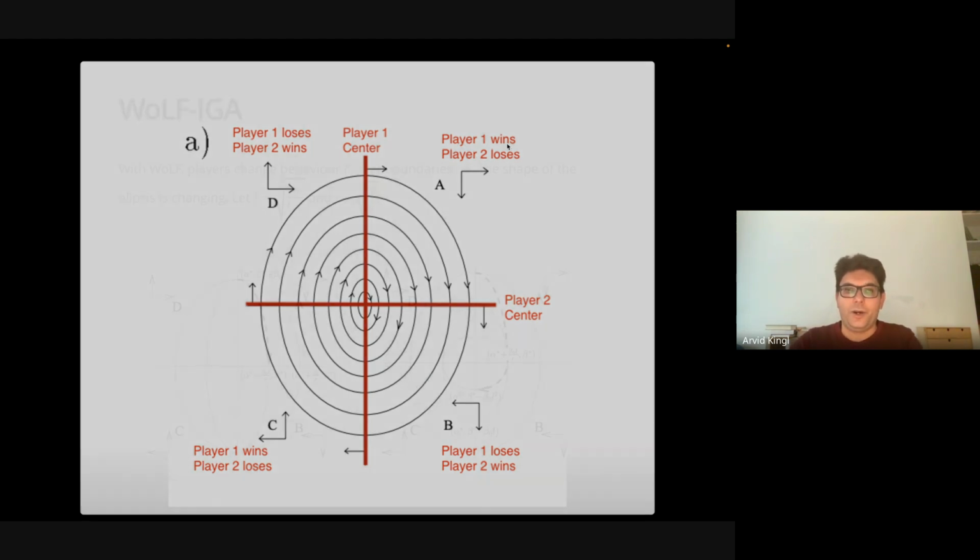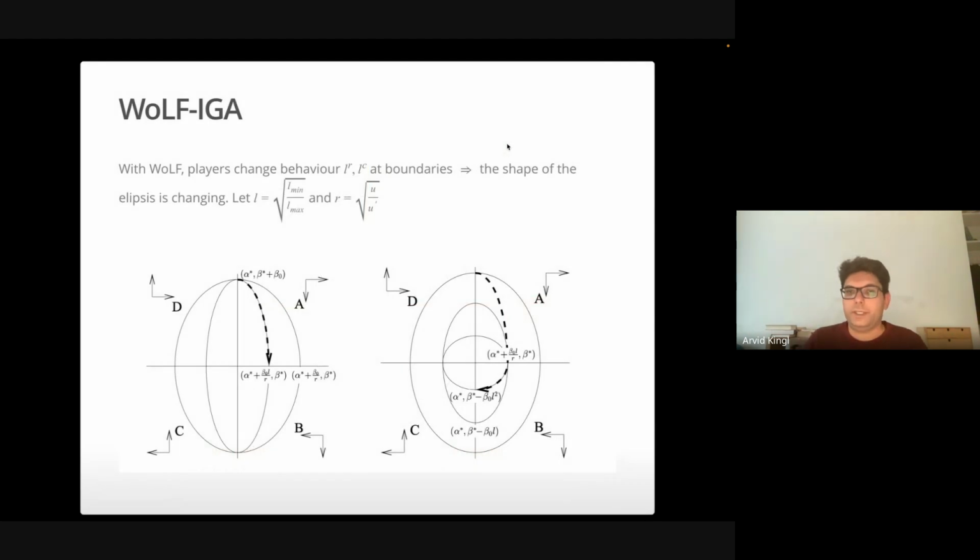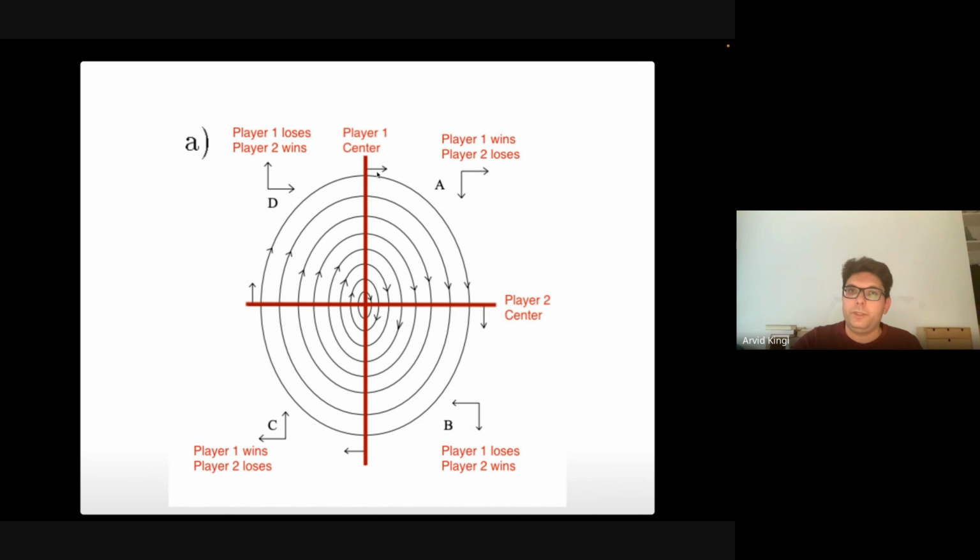Now, what happens in Wolf-Igger is that if we win, we cut down our learning rate, whereas the loser is speeding up the learning rate. What that means is that one player is moving away from their stable position but slows down, whereas the other one who is going towards their stable position is moving faster.